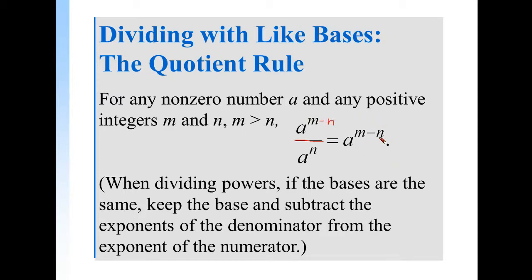Now we usually want to have positive exponents. So there is a case where if n were larger, we would bring the m down, change it to a negative m, and subtract it from the n. And remember, there's a 1 still up in the denominator there. But we'll get to some of that in a little while.